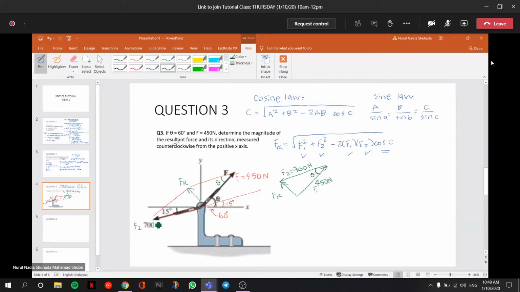If we extend the arrow for the F2, extend it like here, the angle here would be equal to the angle here, 15. Okay, and since the question gives us delta equal to 60, the whole thing here is 60, so that means we can find the angle over here, which is 60 minus 15 equal to 45 degrees.